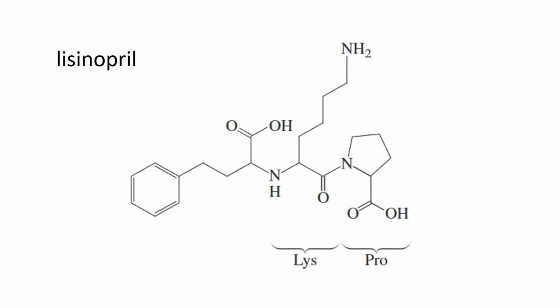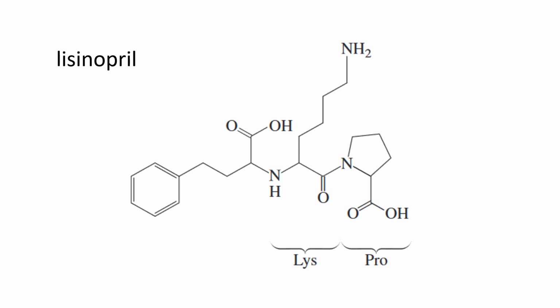ACE inhibitor medications block the action of ACE in converting angiotensinogen to angiotensin. The effect of this is a lower blood pressure than if the zymogen activation had occurred.